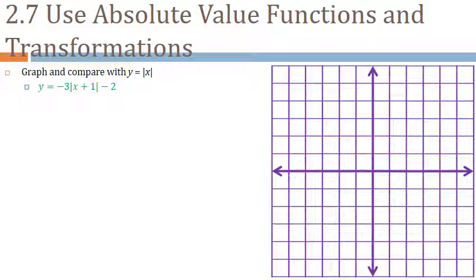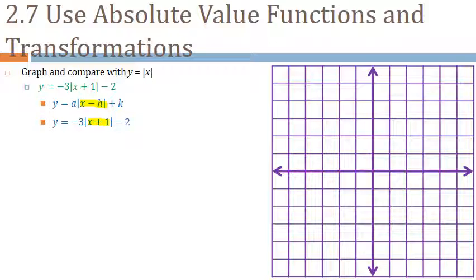Here's another one. Again, if we compare it with the general form, we can see a couple things. First of all, in the general form, it's x minus h. What we have is x plus 1.